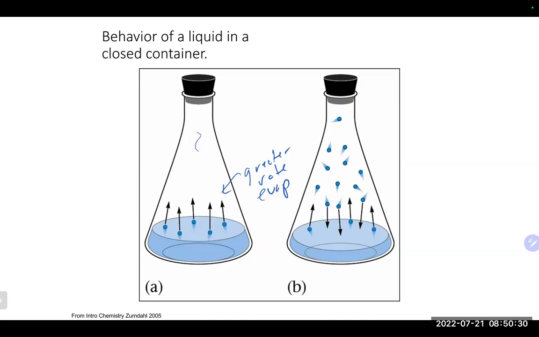Clearly, in this case, because there is a lid on the container, there's really no place for them to go. So eventually these guys will start to drop back down, and you're going to increase the rate of condensation. And what you'll typically notice is that at the time it reaches equilibrium, the rate of evaporation and condensation will equal each other.